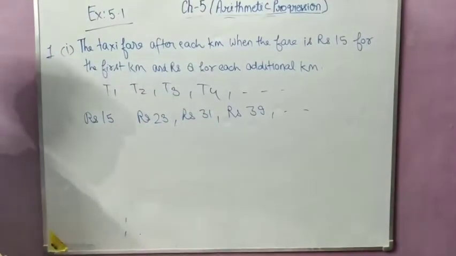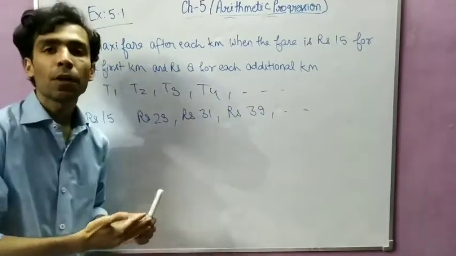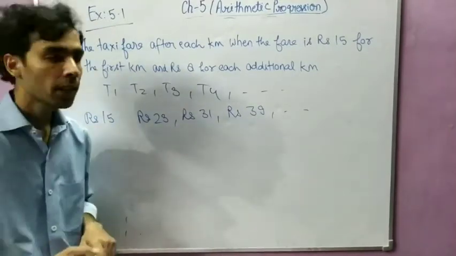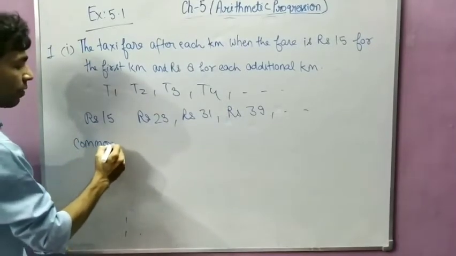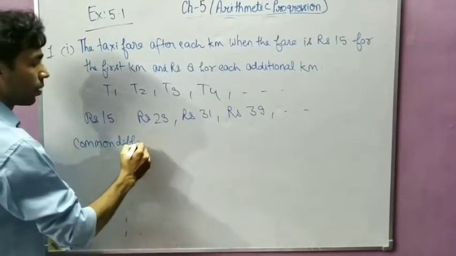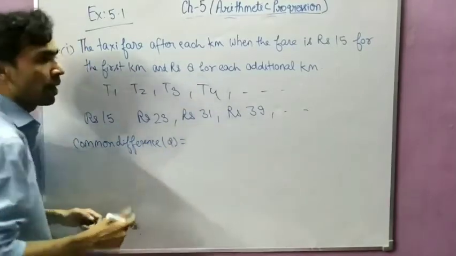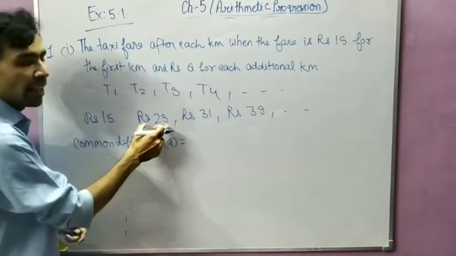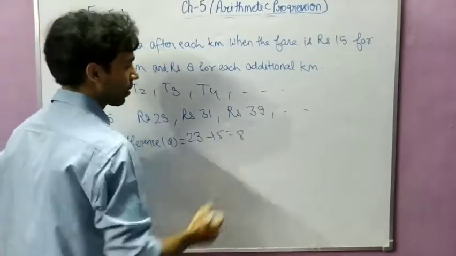For checking whether a sequence is in AP or not, you have to find the common difference. So the common difference, that is D, can be calculated by any term minus the previous term. So 23 minus 15 is 8.